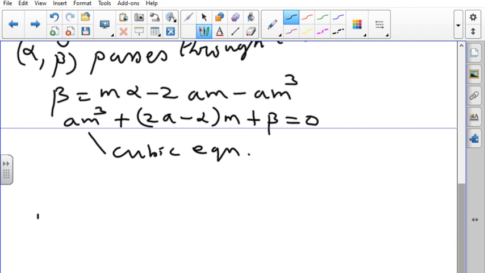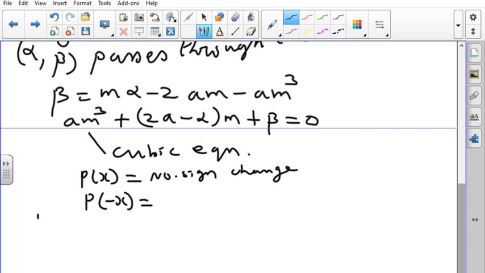And for these 3 roots, as we have seen in theory of equations, if you take this as p of x, there is no sign change. Therefore the number of positive roots is 0. This is just for explanation. If you take p of minus x, the first term will be minus, the next one also minus, and the next one plus.